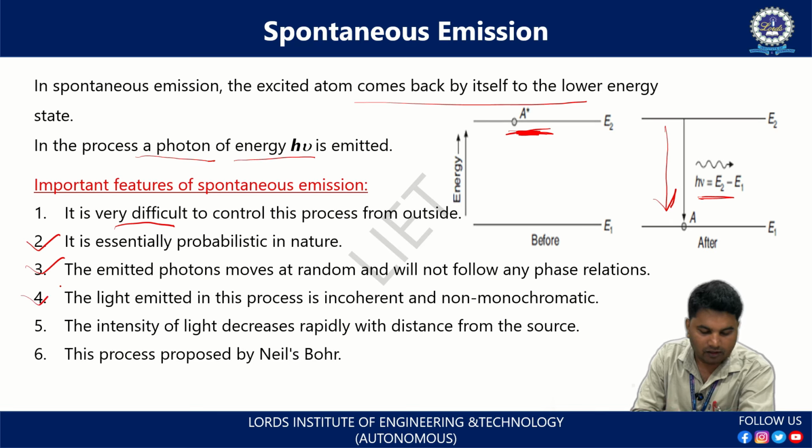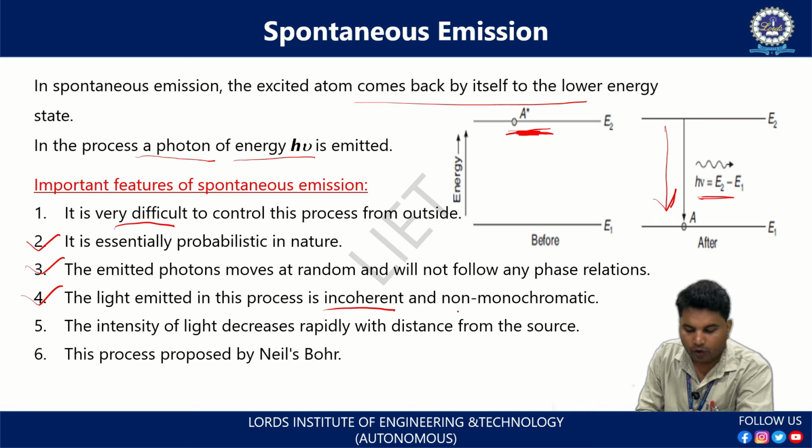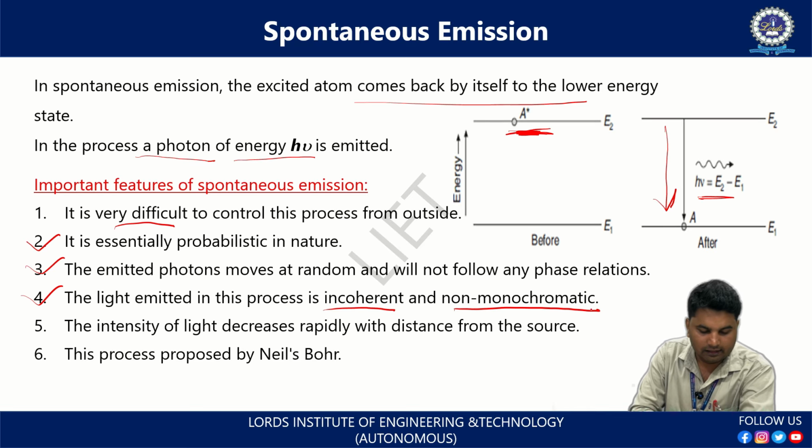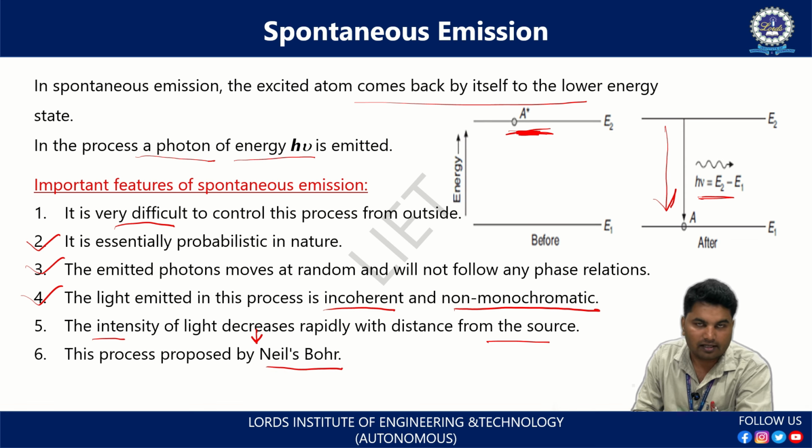The light emitted in this process is incoherent and non-monochromatic. The intensity of light decreases rapidly with distance from the source. This process is proposed by Niels Bohr. Therefore, it is termed as spontaneous emission.